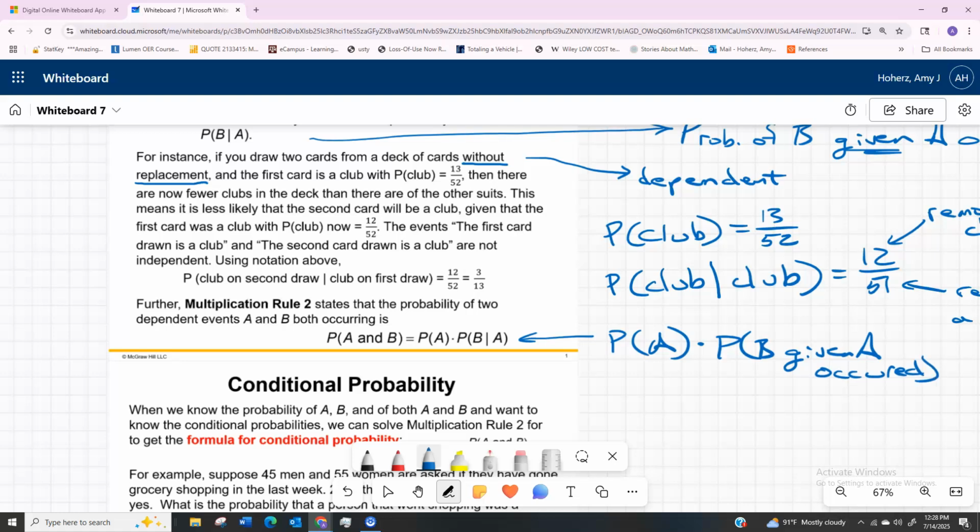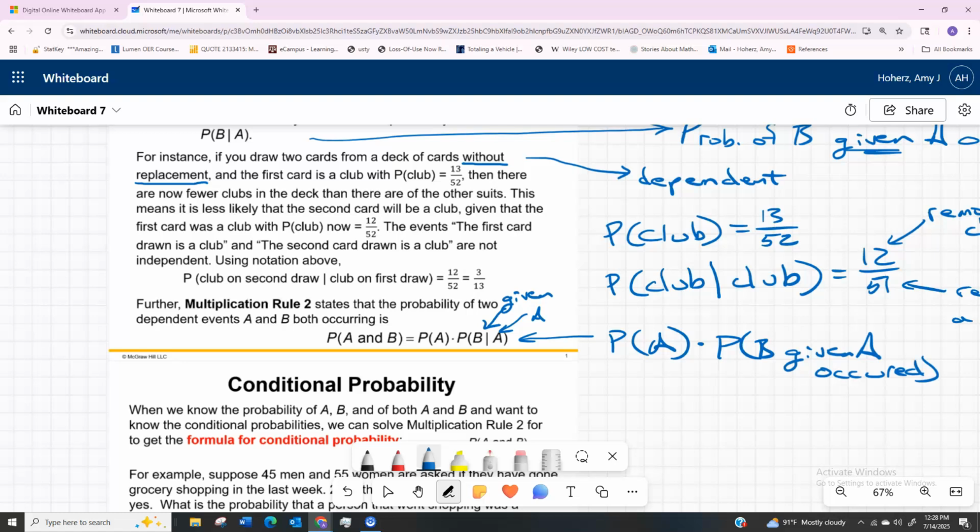So that slash bar right here means given, and then the second thing listed is whatever happened prior to that. So given that A happened. So in our case, probability of a club given a club already happened.